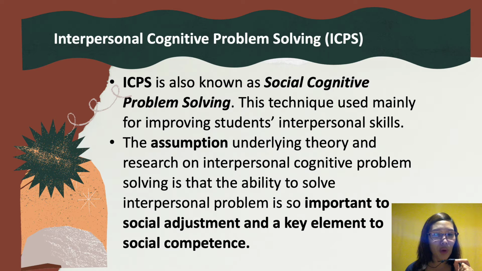So being aware of one's interpersonal problem will lead an individual to have a better social adjustment, and a disadvantage when it comes to social competence once the problem is identified, or there is a self-awareness of the interpersonal cognitive problem.